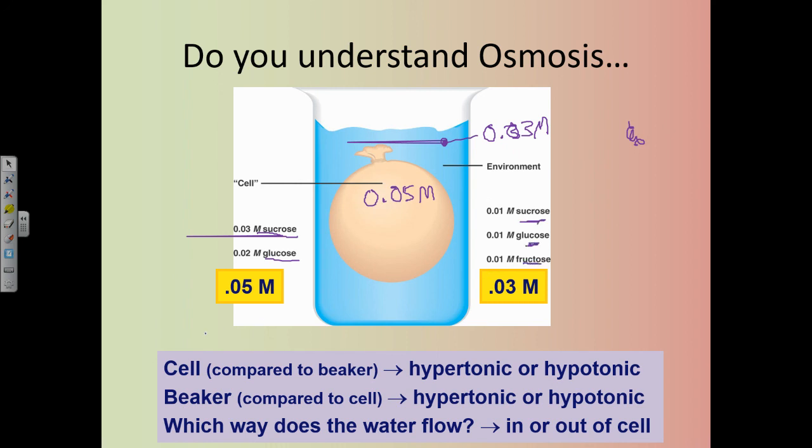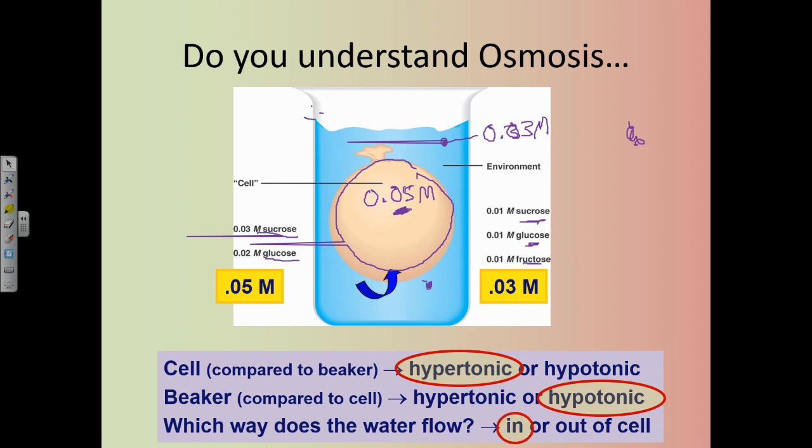The cell itself, since it has a higher number of solutes, we can say is hypertonic. And then the environment, the beaker, has a lower amount of solutes, and so we say that is hypotonic. And so water is going to go from where there's more water to where there's not so much water, so it's going to move into the cell.